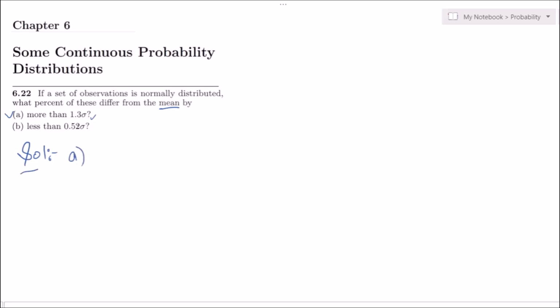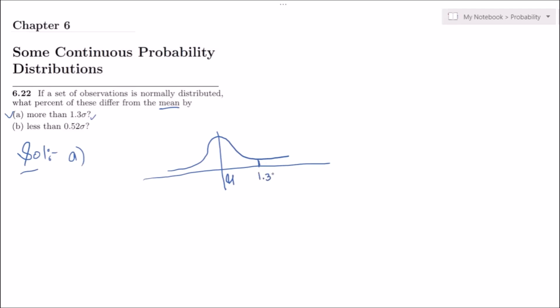In solving part A of my question, the information is that it is 1.3 times sigma from the mean. If this is the normal distribution, this is the mean, this is 1.3 times sigma and this is minus 1.3 times sigma as well.